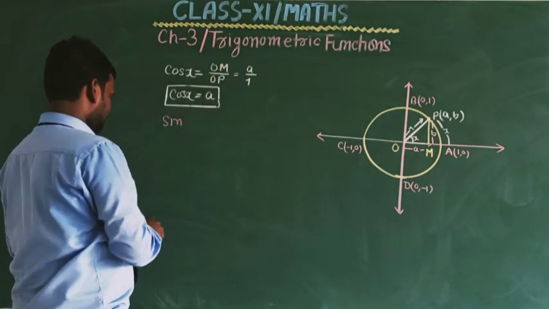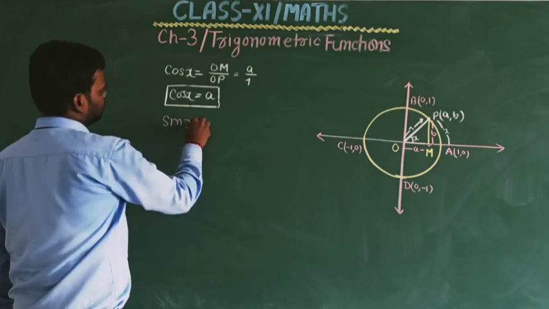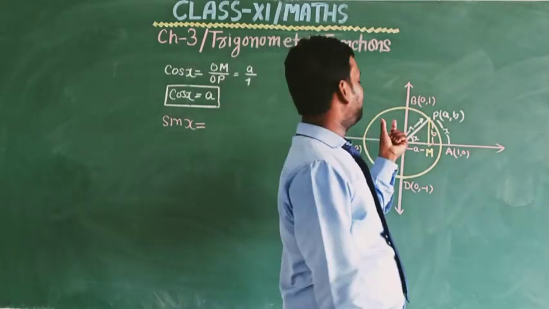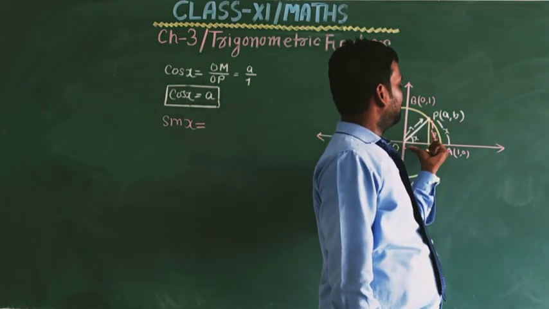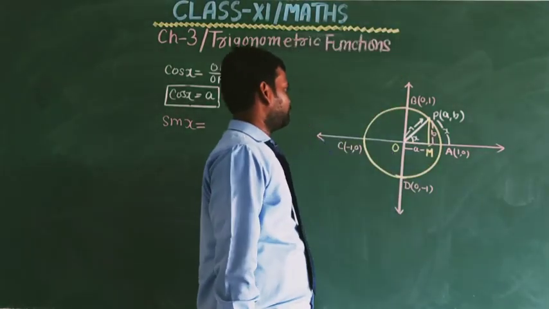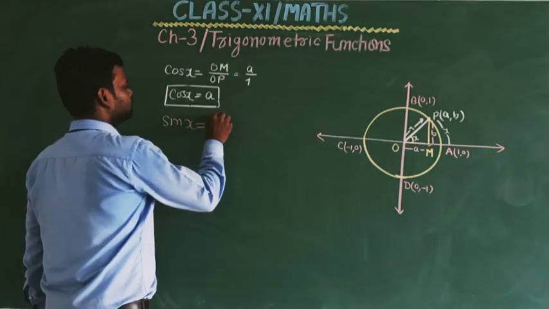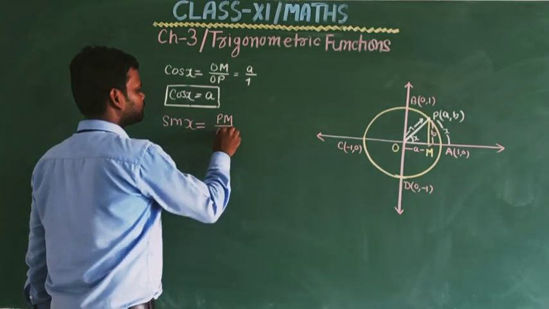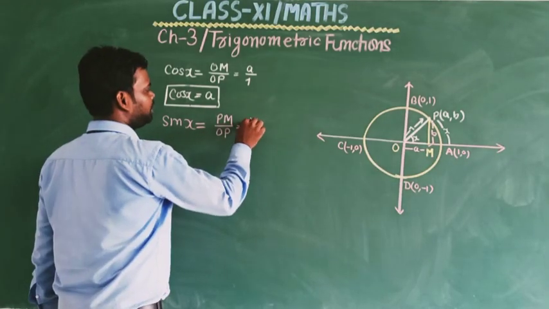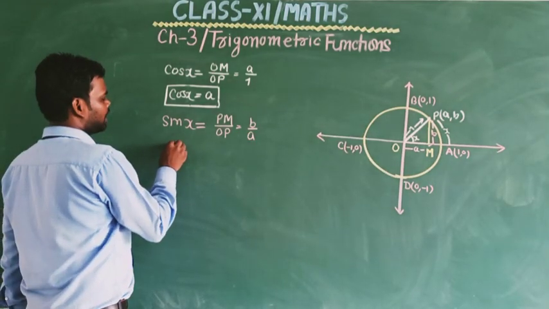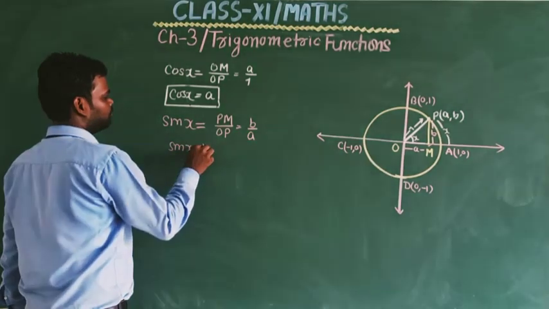And sin x equals perpendicular upon hypotenuse, which means the projection of the radius on the y-axis upon the length of the radius. The projection is PM, so PM upon OP is b upon 1. So sin x equals b.